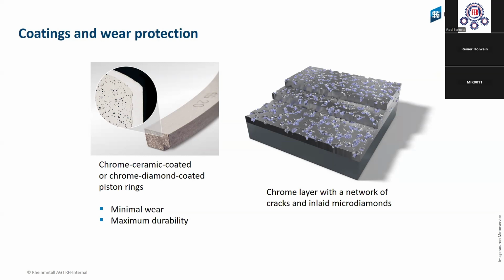Minimum wear, less friction, maximum durability. Chrome layer with network, and you also see the micro diamonds. We put small particles of diamonds inside, and then the ring will be very hard, and you can use this ring for a very long time.